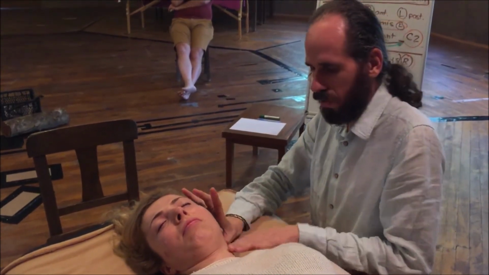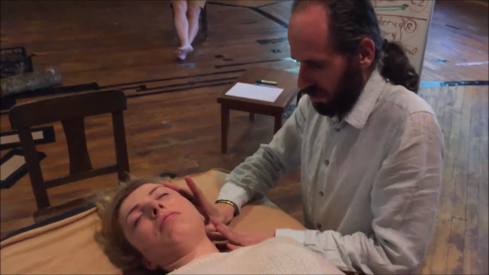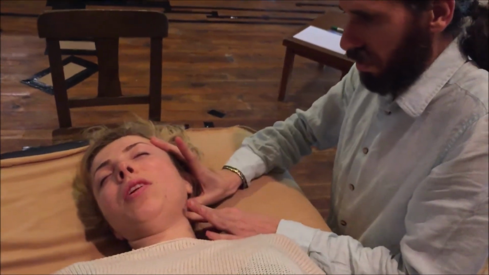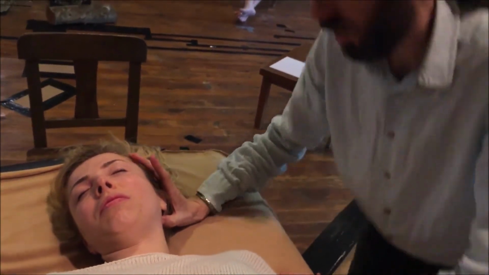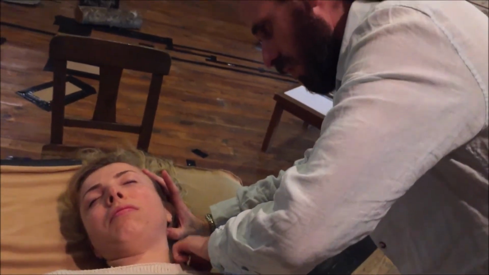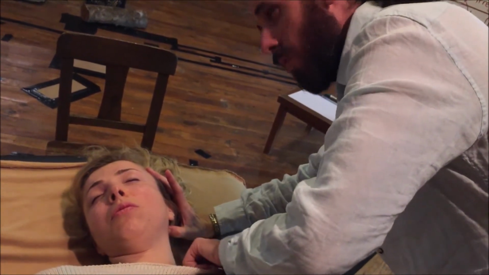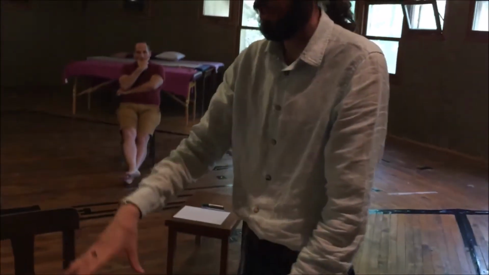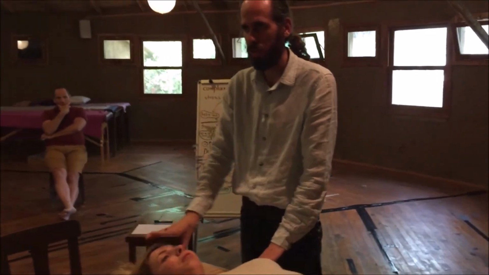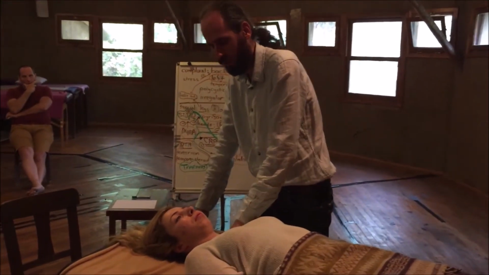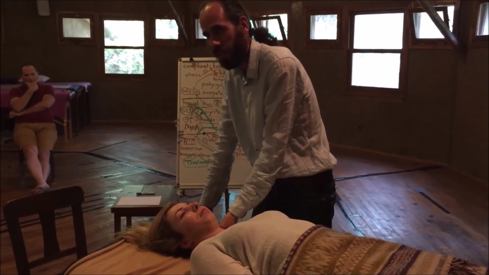This is the suture. Now, okay. Is it sensitive? No. No. Now let's check the trapezius. No. No. So we know the occipital mastoid release is going to release her trapezius and sternocleidomastoid.